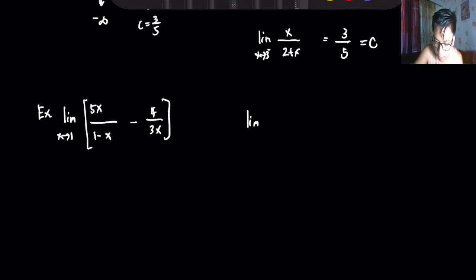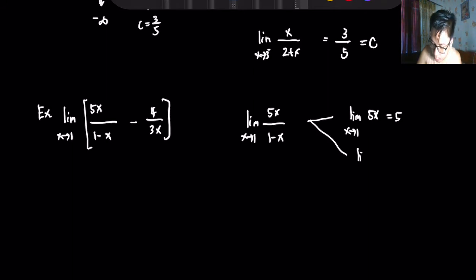So the limit of 5x over 1 minus x as x approaches 1. Let's try to check the numerator first. That's the limit of 5x as x approaches 1, that's technically 5. And then the limit of 1 minus x as x approaches 1 is 0.